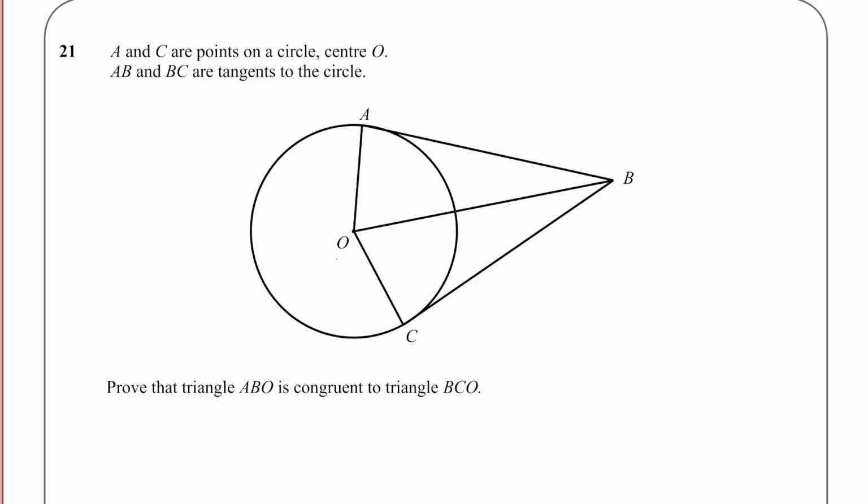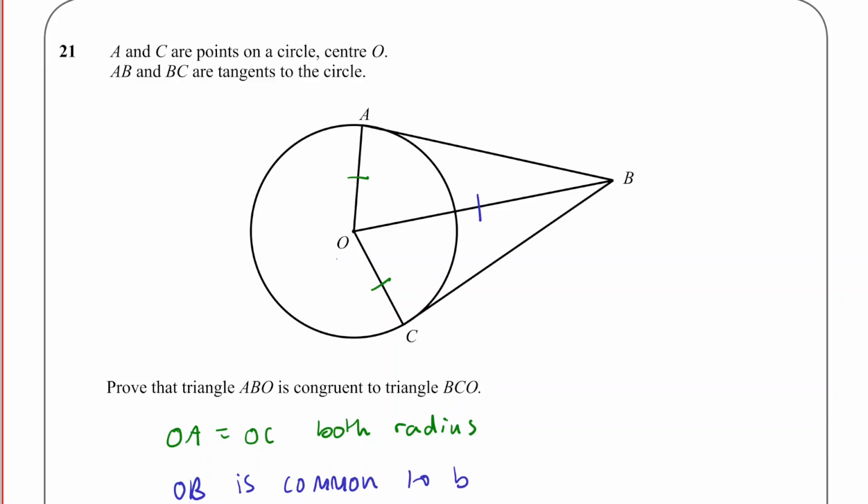We can say O to A and O to C are both radii. We can say that OB is common to both, so therefore the same.